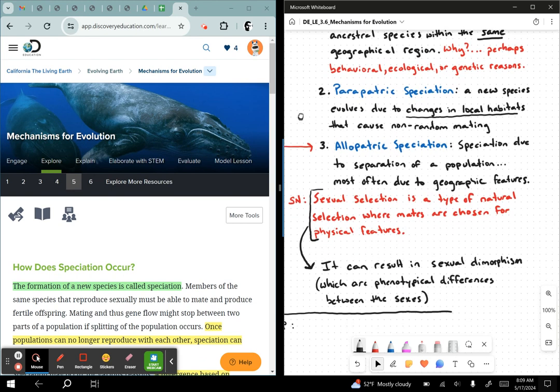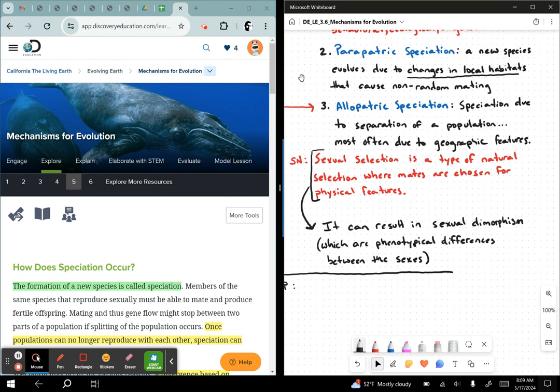And maybe the best way to think about this is it still happens within relatively the same geographical area, but there's a change in the local habitat. And because there's a change in the local habitat, it causes non-random mating to occur.